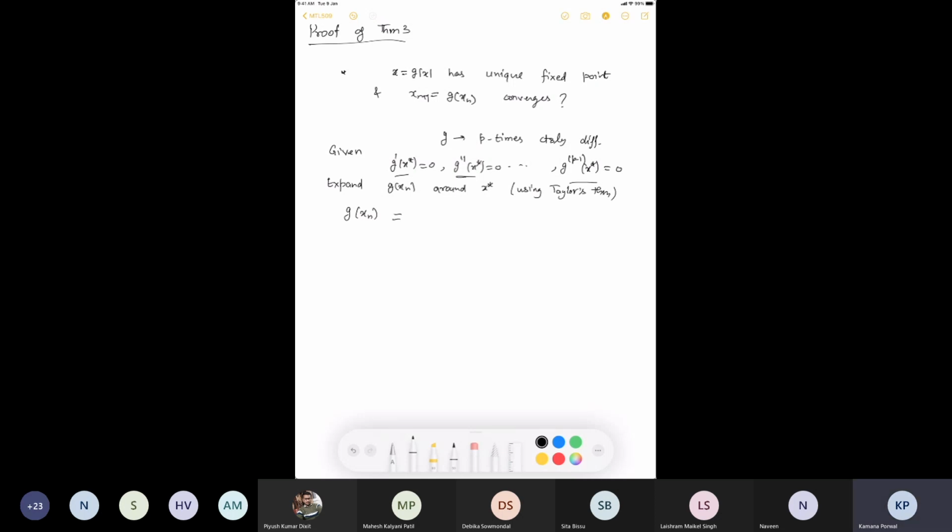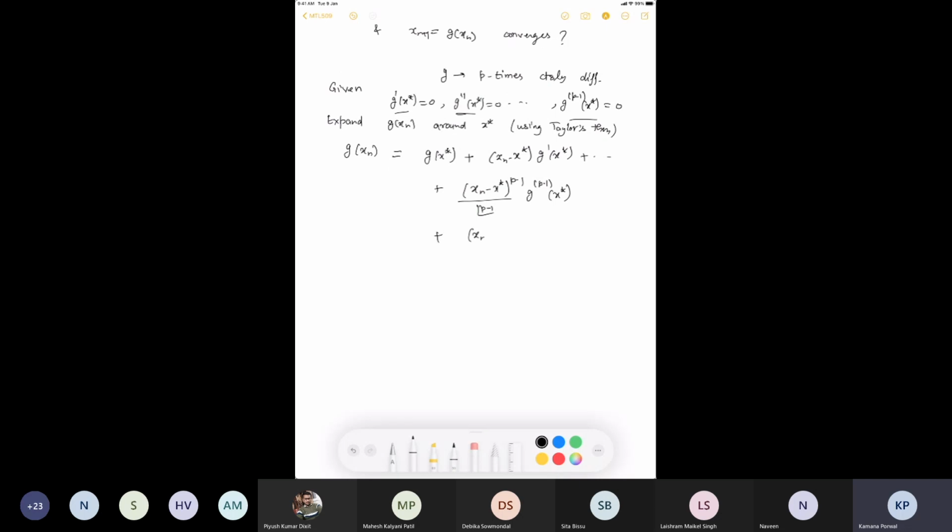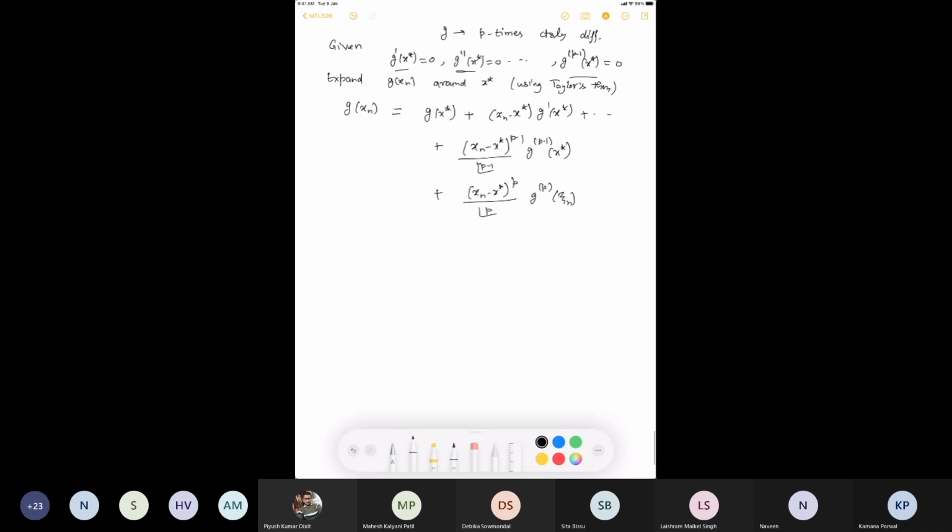What I will get is g of x star plus xn minus x star times g prime of x star, and the second last term is going to be xn minus x star raised to power p minus 1 divided by factorial p minus 1 times the p minus 1 derivative of g evaluated at x star, and the remainder term is going to be xn minus x star raised to power p divided by factorial p times g p at xi n, for some xi n lying between xn and x star.